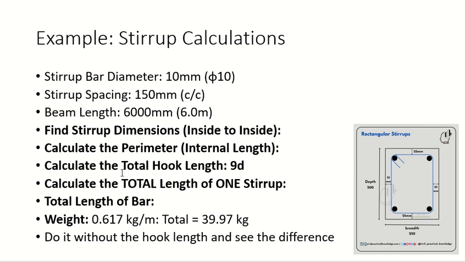So after every 150 millimeters there is a stirrup, and this spacing is center to center, so stirrup diameter is included in that. The length of the beam is 6000 millimeters, meaning 6 meters. Now we will be using this length for calculating the number of stirrups.